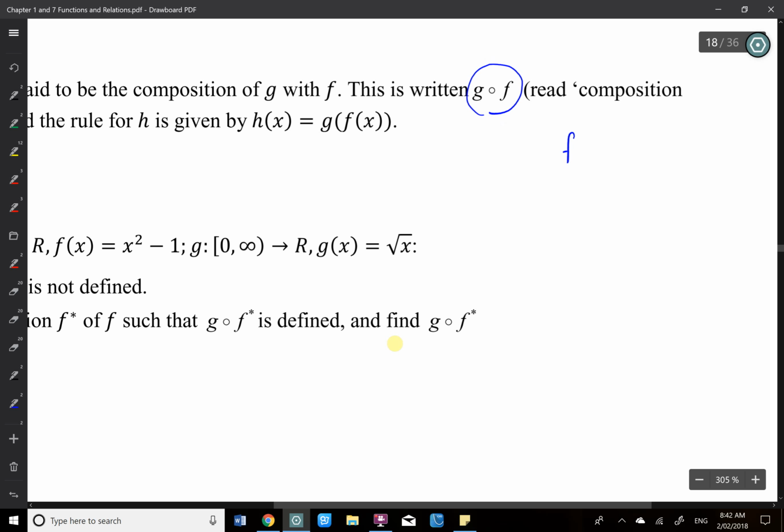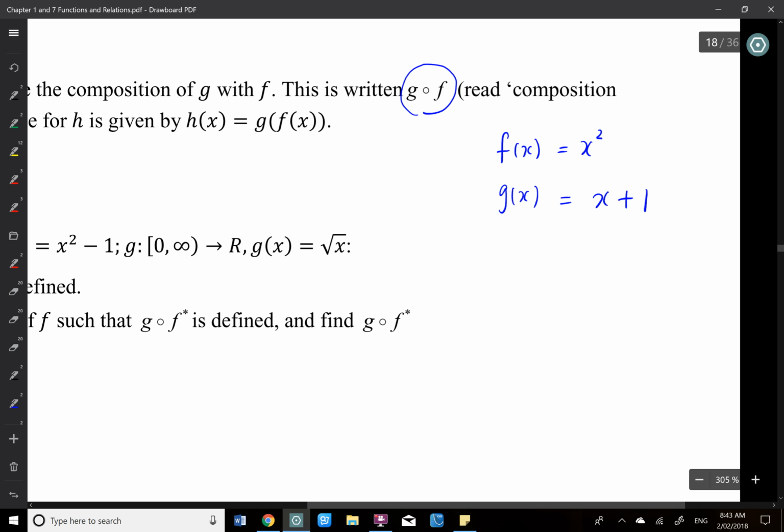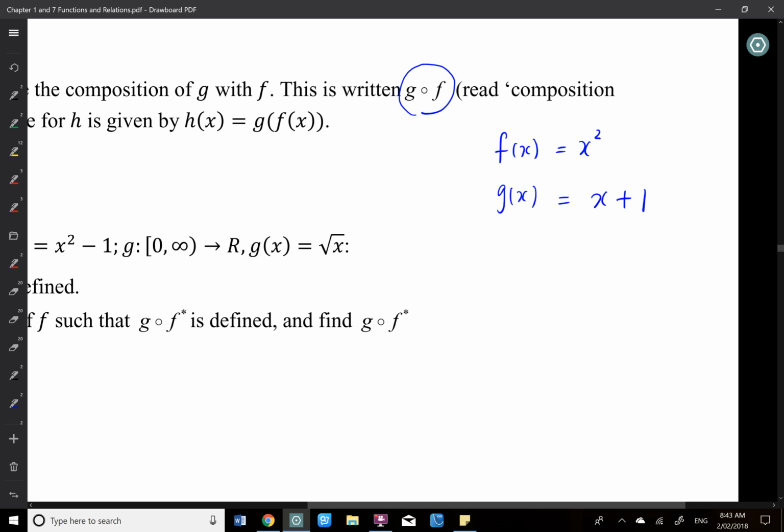Let's say f(x) equals x squared, and then g(x) equals x plus 1. But it's not enough. If it's just a simple function, that's really easy to do.